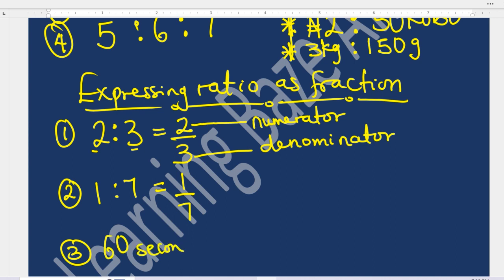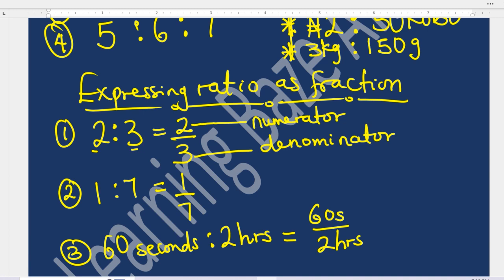Now another example of expressing ratio as a fraction. 60 seconds is to 2 hours. To write this as a fraction, that will be 60 seconds divided by 2 hours.